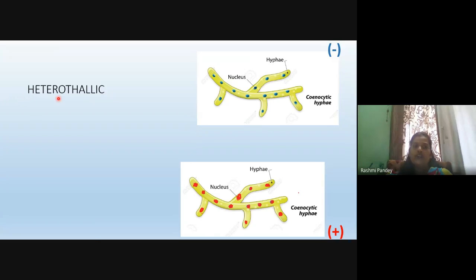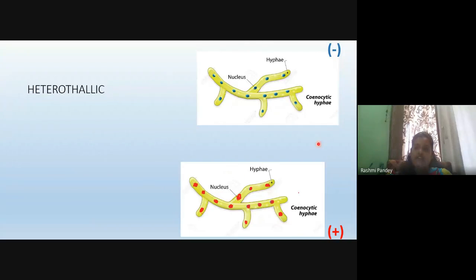So, in a heterothallic, two different kinds of hyphae are produced within the same kind of species. Now, here you can make out there is this species where the nucleus is shown in blue color, which denotes that there is some genetic difference from this one, where it is red in color. So in the same organism, there are two different genetic strains present.